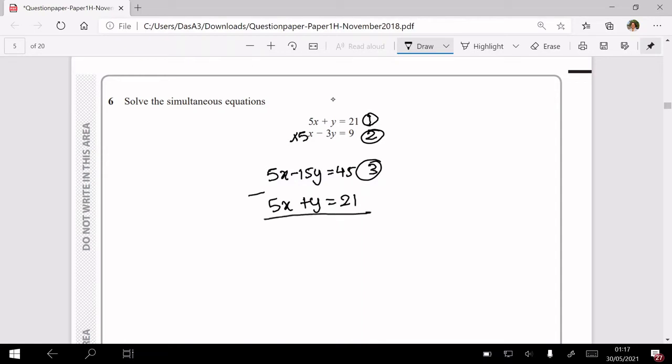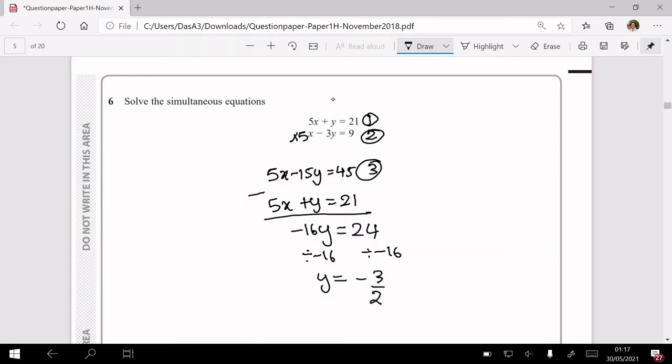Going to subtract both. That will be minus 16y is equal to 45 minus 21, which is 24, and divided by minus 16 on both sides, which gives you y is equal to 24 divided by minus 16, which is minus 3 over 2.